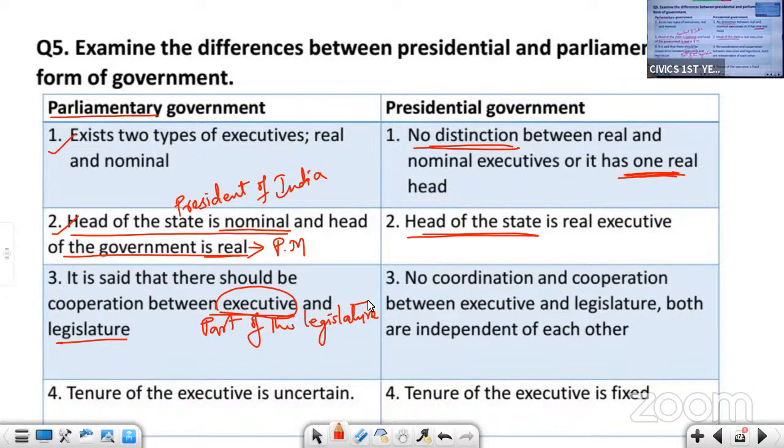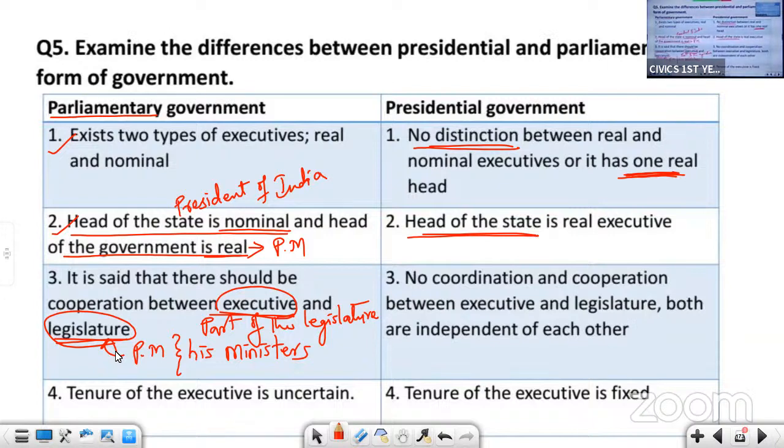So the executive is coming from the legislature. The Prime Minister and his ministers, they are part of legislature.